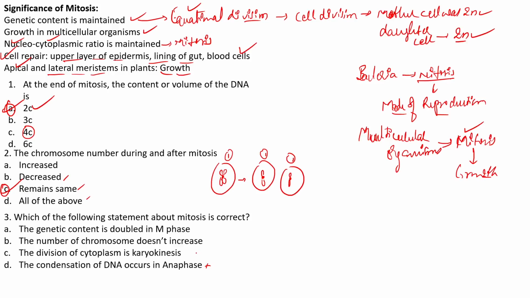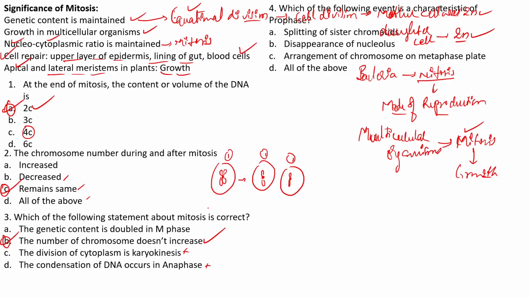The division of cytoplasm is called cytokinesis, not karyokinesis, and the chromosome number does not increase, and this statement is the correct one. The genetic content is doubled in the S phase, not in the M phase. So B is the right answer for this question.